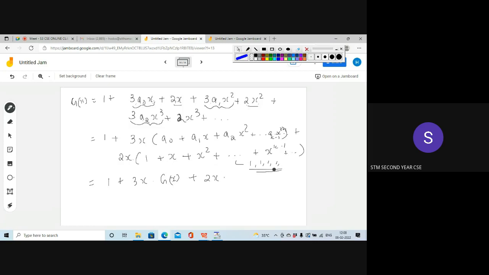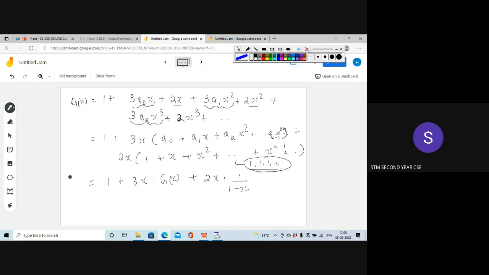What is the generating function corresponding to this infinite polynomial, where the sequence generated is 1, 1, 1? I've told you, you have to study that sequence. What is the generating function corresponding to this particular sequence? Very good, Akash. 1 by 1 minus x. So 2x into this part turns out to be 1 by 1 minus x.